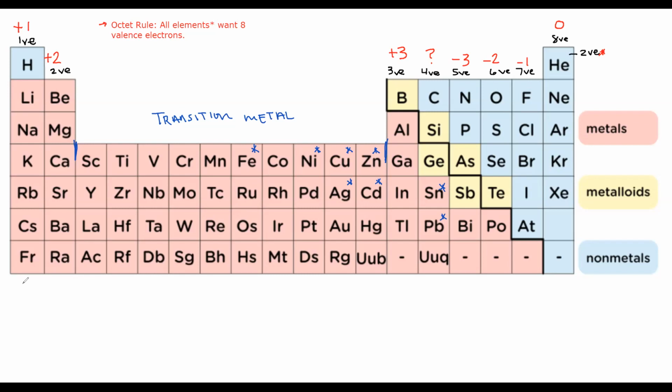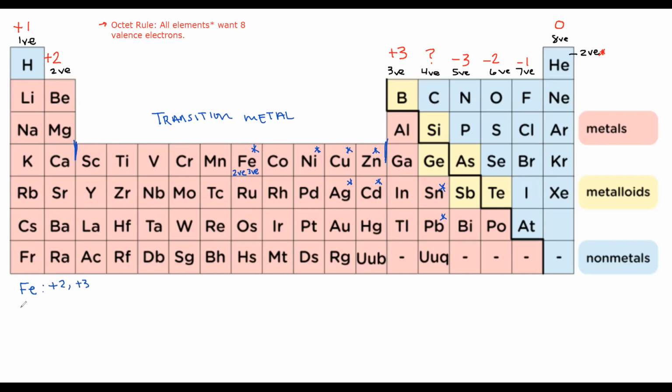So the first thing that we want to take a look at here is iron. Now, I said that a transition metal can have multiple different valence electron configurations. Iron can have either a 2 valence electron configuration or a 3 valence electron configuration. So iron can have 2 VE or 3 VE. This will end up giving me an iron that could have a charge of +2 or +3.